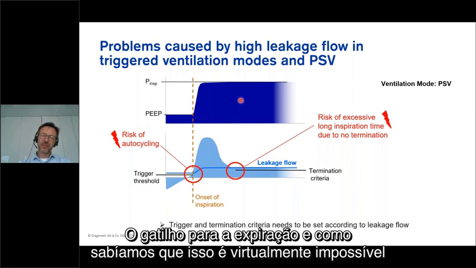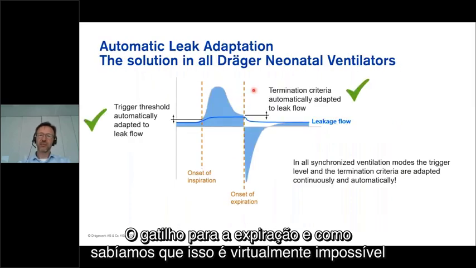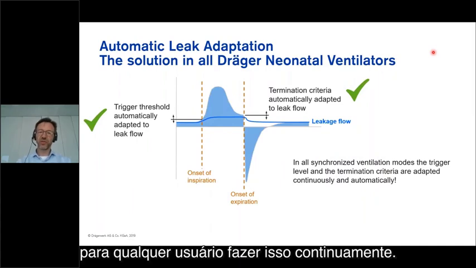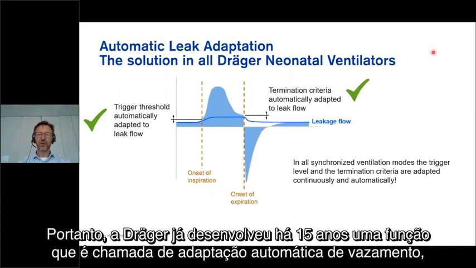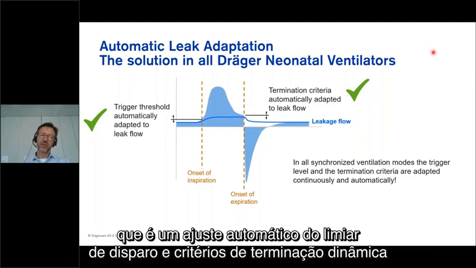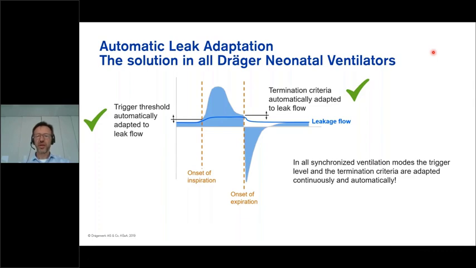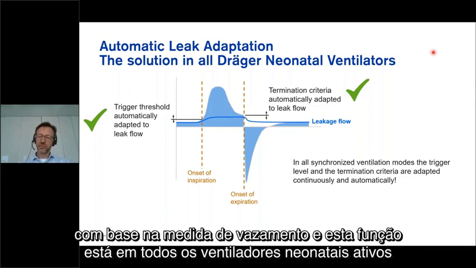As we right away knew that this is virtually impossible for any user to do continuously, Dräger developed already 15 years ago a function called automatic leak adaptation, which is an automatic adjustment of the trigger threshold and the termination criteria based on the measured leakage.